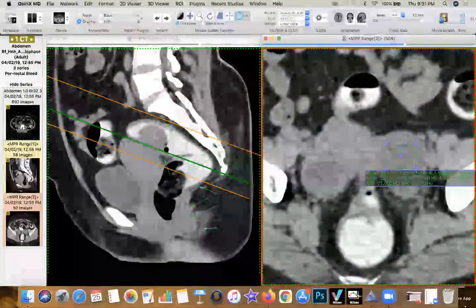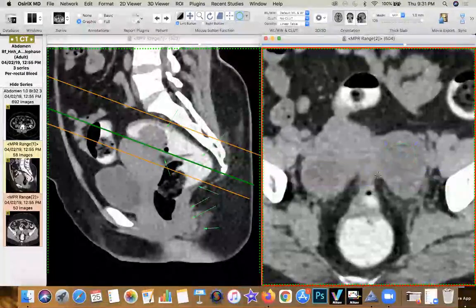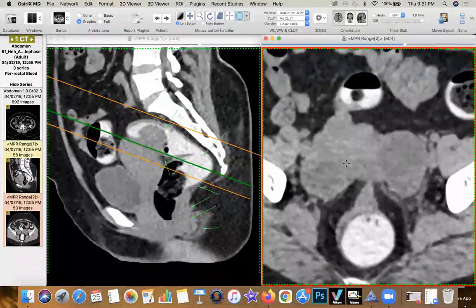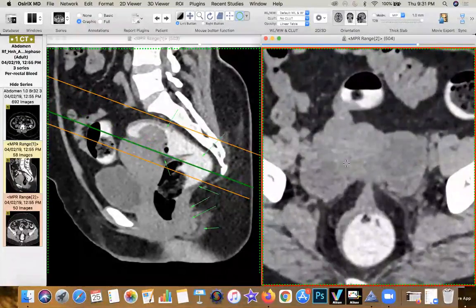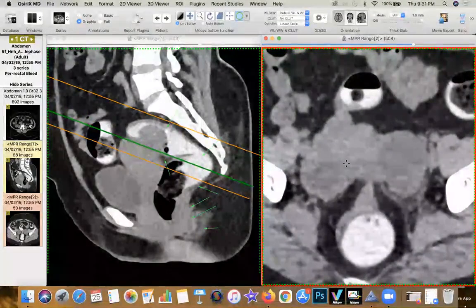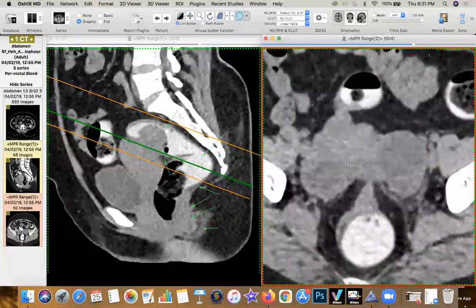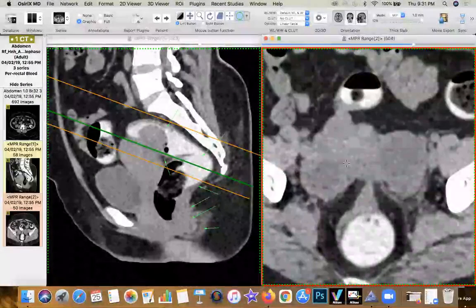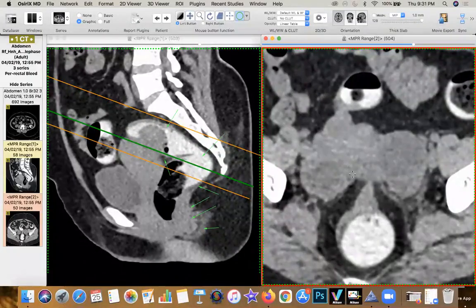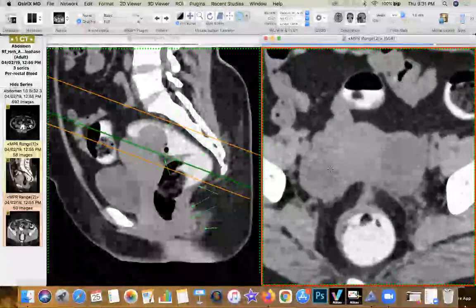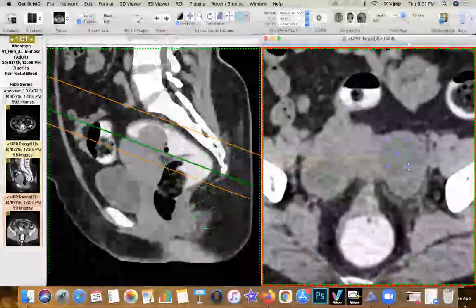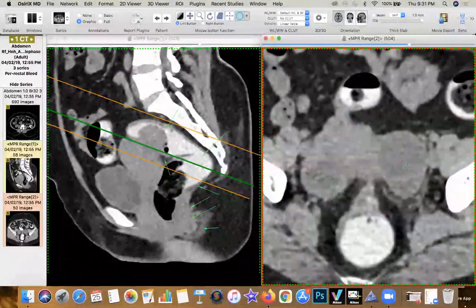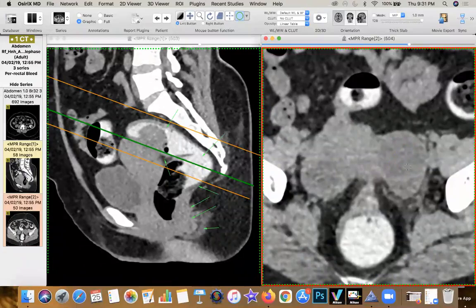As the density of any fluid-like structure climbs above 20 HU, it's no longer serous fluid which you're looking at, but you're probably looking at an evolving fluid which is either proteinaceous, could be hemorrhagic, or is just a very turbid collection. So once you see ovarian or adnexal lesions on a plain scan where the HU is 20 or more, you need to start thinking that we're not looking at simple ovarian cysts.